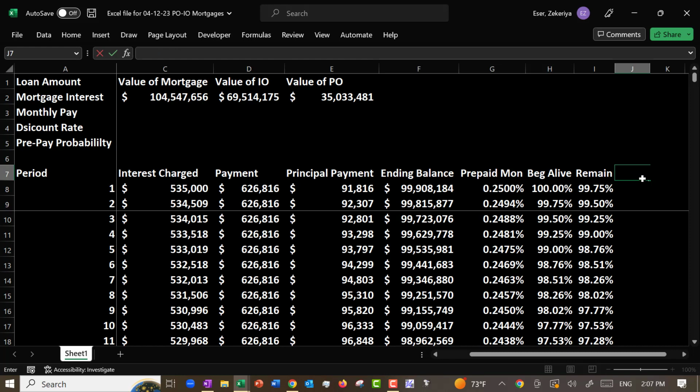Total payments. Total payment is the percent that was alive at the beginning of the month times, let's see.